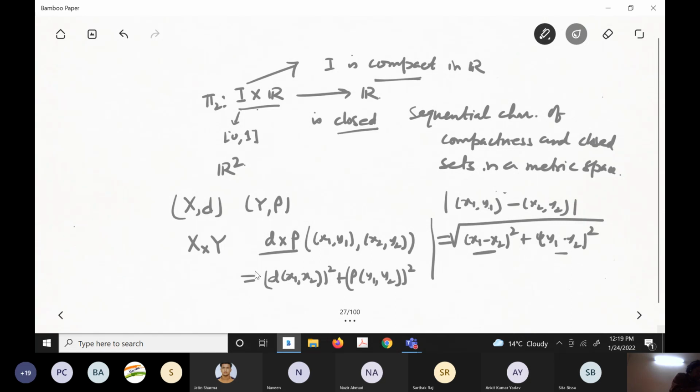This is a metric, which you can check the way you check it in R square. But because of this square root, people often don't like it, since calculations become messy. So there are two other metrics. D cross rho is called the product metric.